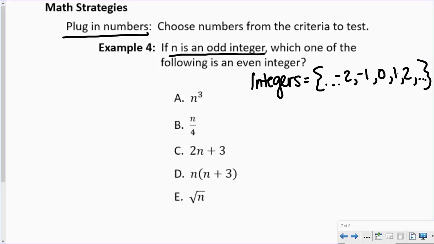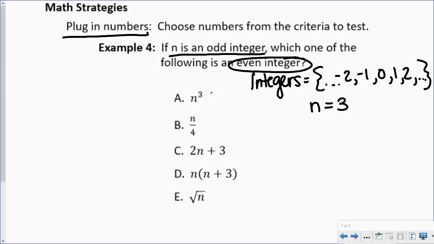Now, I would stay away from using 1s and 0s as any of those. So I'm going to use n equal 3, because 3 is an odd integer. So you're picking something from this given information and coming up with your own number, your own example, and then we're going to plug it in to all of the choices to see which one gives me an even integer.